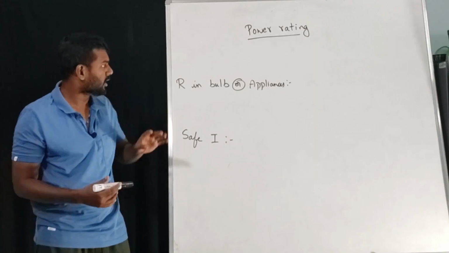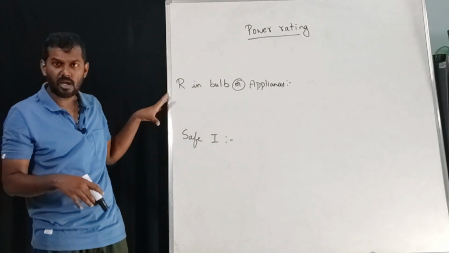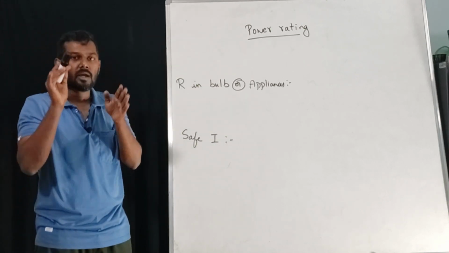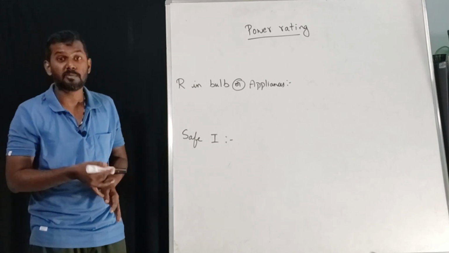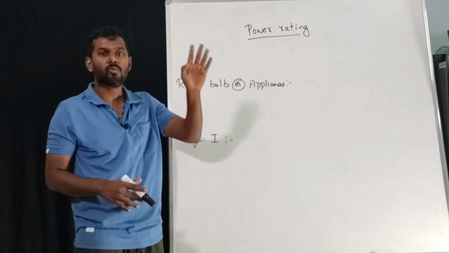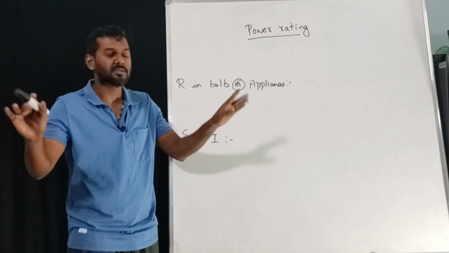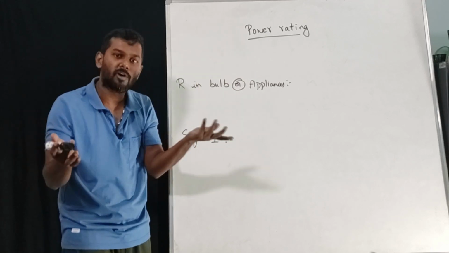That's it. Now we are going to learn a very easy concept which we have learnt already, but it can still be confusing for students because of the words used. What do you mean by power rating? How is power different from power rating? There is no difference. Power rating is nothing but power only.